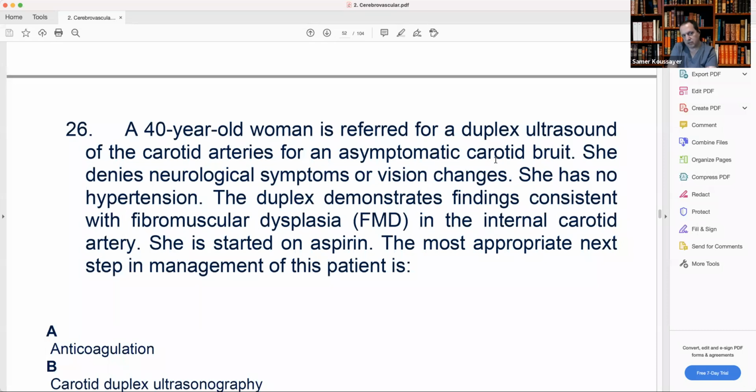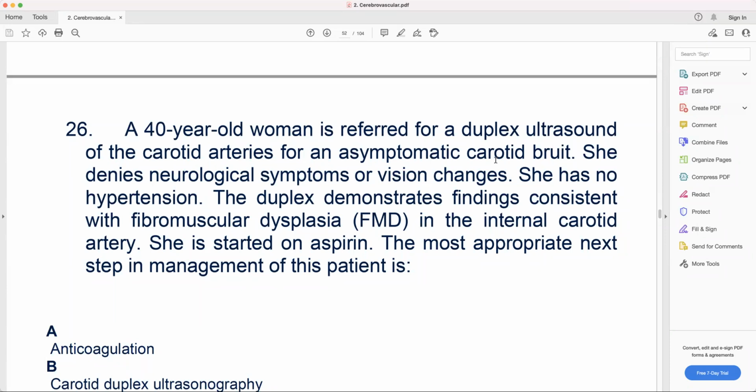If you do a CT angiogram and you find the patient has fibromuscular dysplasia, what does the guideline say? Do we treat them? Do we go with the symptoms, degree of stenosis? How do we treat them? If asymptomatic, the patient needs just medical therapy in the form of antiplatelet, just to prevent TIA or stroke.